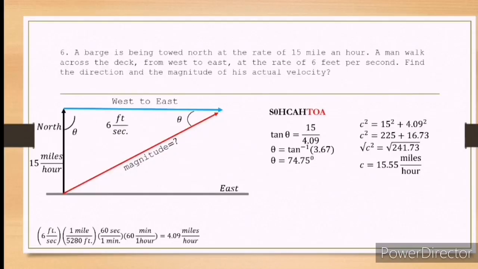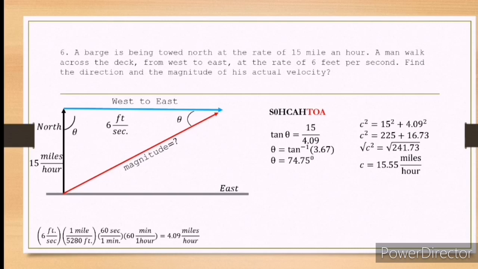So tan theta is equal to 15 over 4.09. Theta is equal to inverse tan, and theta is equal to 74.75 degrees.